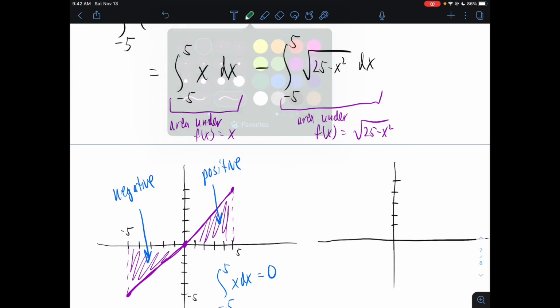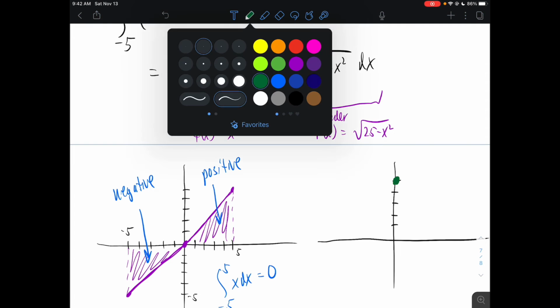So at the very least, you have a y-intercept at 0, 5. But then think about plugging in other numbers for x, like 1, 2, 3. How high could you go? The highest you can go is actually 5, because past that, you're going to start subtracting a bigger number from 25, and you get a negative under the square root, and that's not possible.